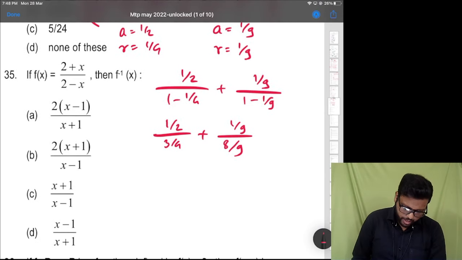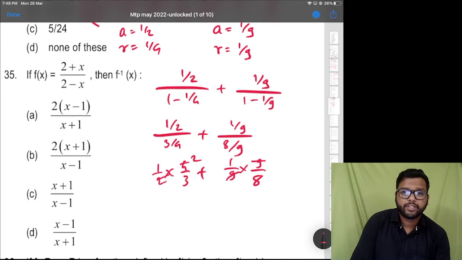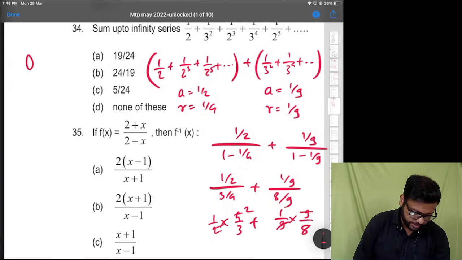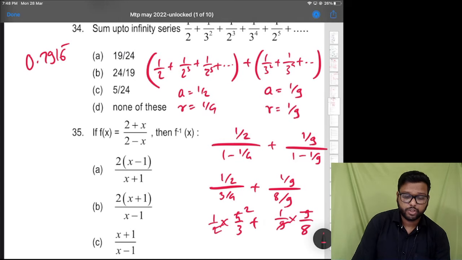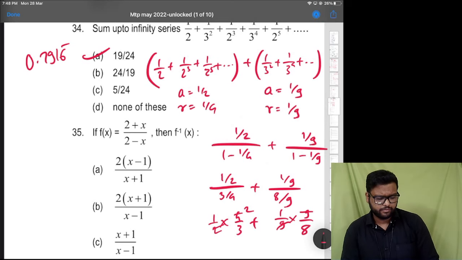Or half into 4 by 3 plus 1 by 9 into 9 by 8. So that is going to be 2 by 3 plus 1 by 8. If you press the recurring key, you get 0.7916 recurring. Which option? 19 by 24? Yes, option A. Okay. That's it.